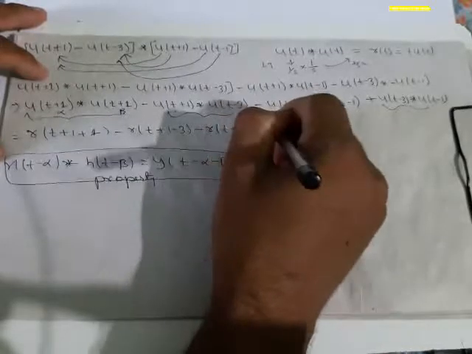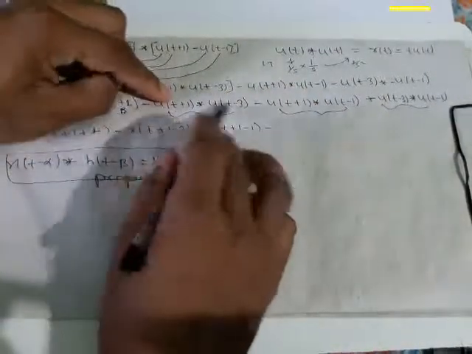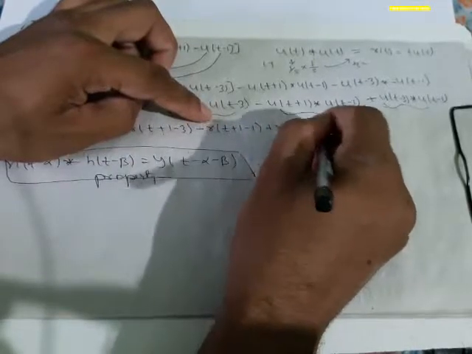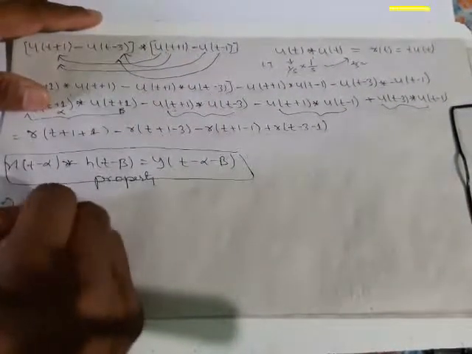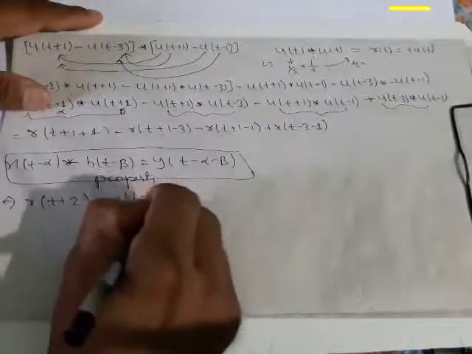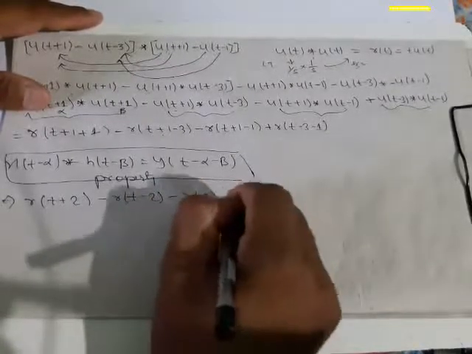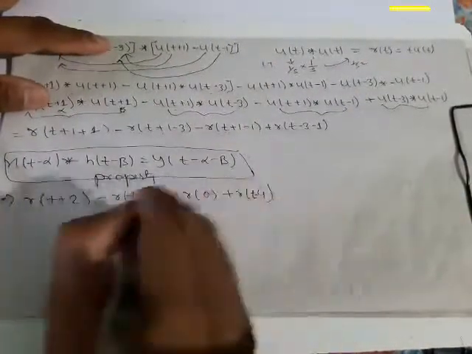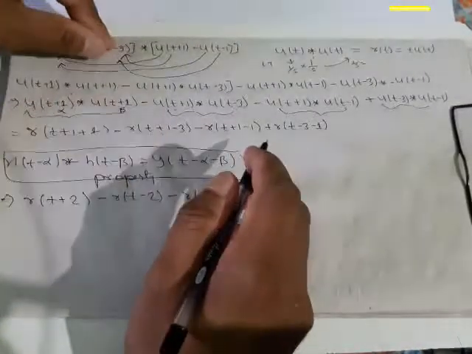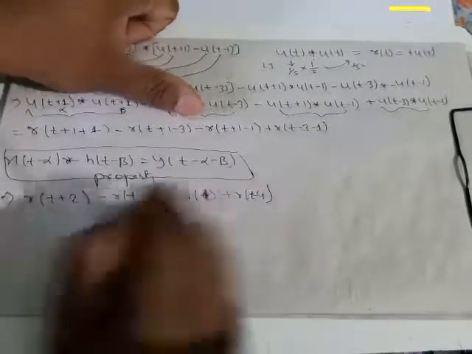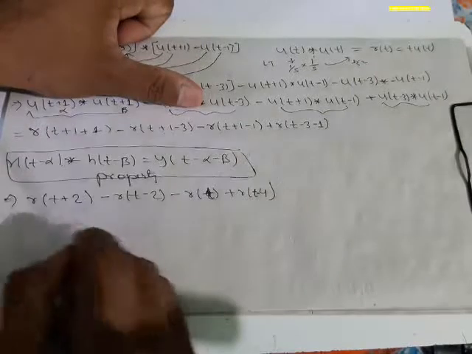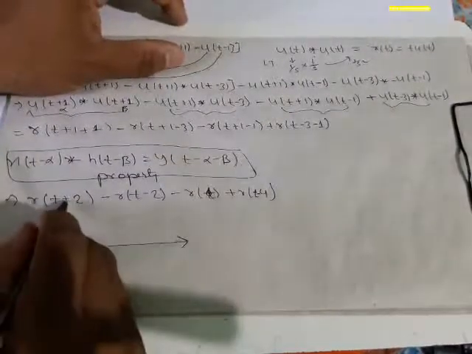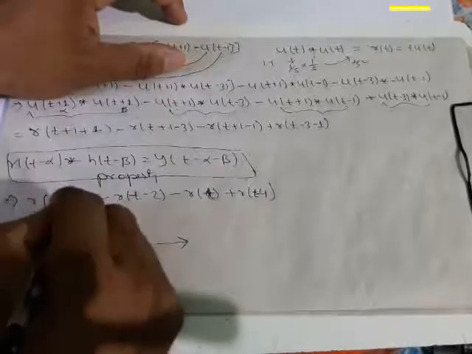So the area is what? The area is 2 actually. The area of this signal will be 1 by 2 into 2 plus 2, that is 4, and for the other part it is 2 into 2, plus 1 by 2 into 2 into 2.